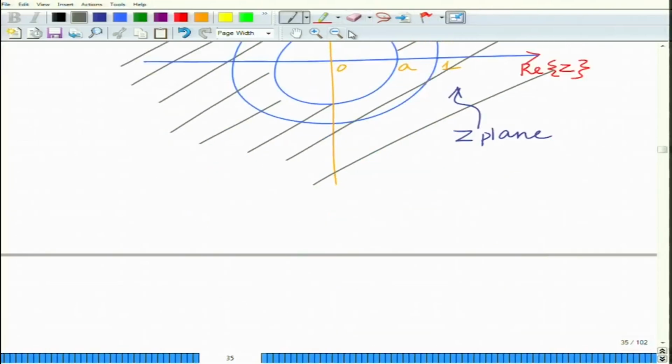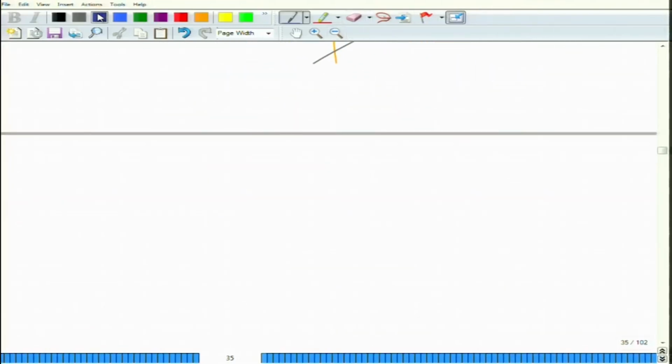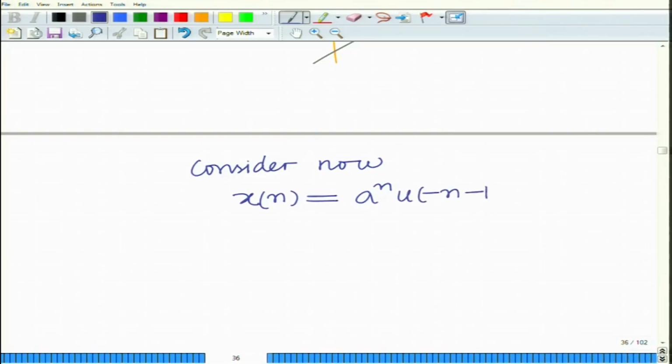Consider now a slightly different signal. This is a^n u[-n-1], that is, x[n] equals a^n for n plus 1 greater than or equal to 0, which means n less than or equal to minus 1, and equals 0 otherwise.